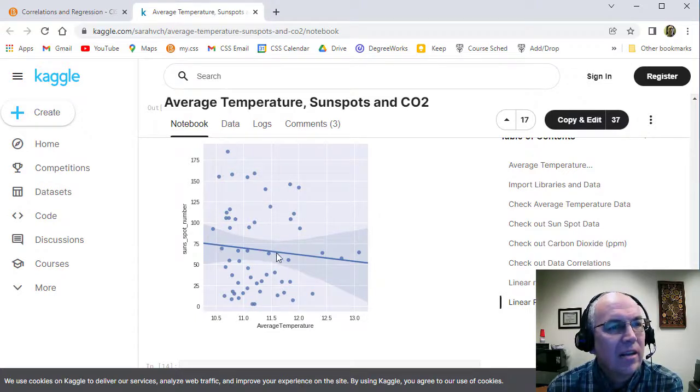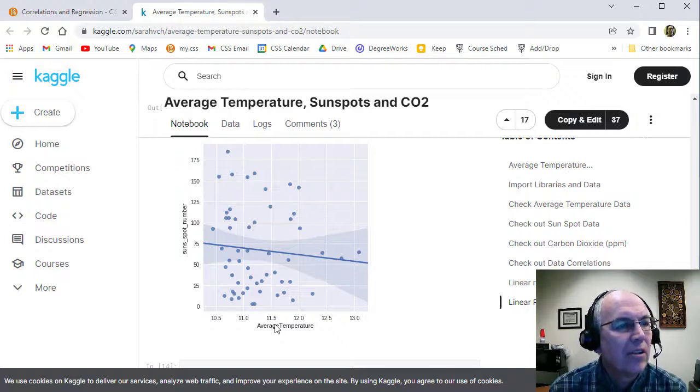There's maybe a little bit of a correlation, but one of the things you watch with correlations is that the slope of this graph is very flat. That tends to say there's not a whole lot of correlation, and also that this is spread out a lot. So the correlation coefficient will be very low, and the slope is also very flat here. So there's not really a correlation between sunspot data and average annual temperature for this.